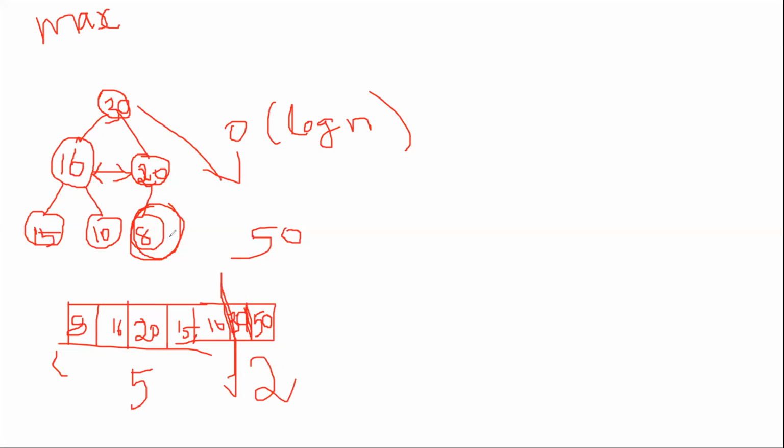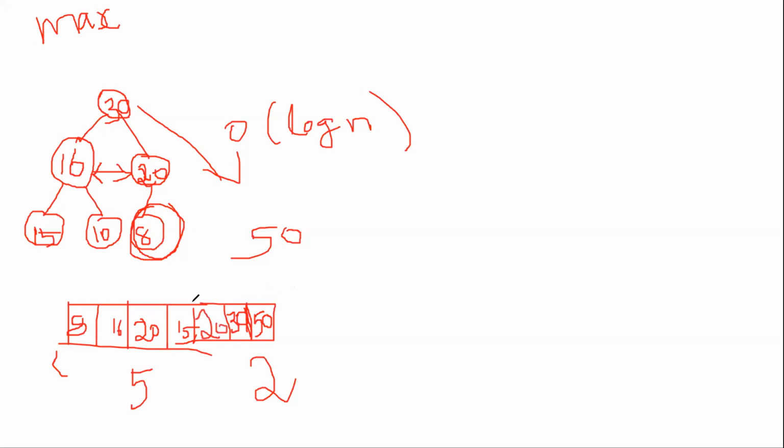If I keep on deleting the elements, I can place each deleted element into the vacant position. See what happened. The next largest element will come over here. What is the next largest element? Element 20 will be coming over here.